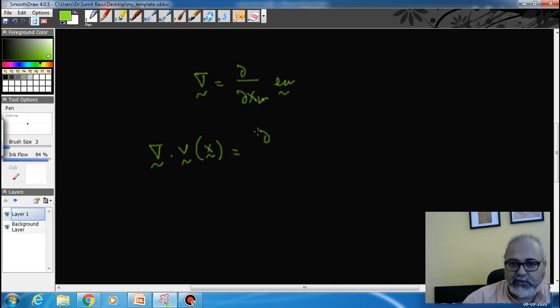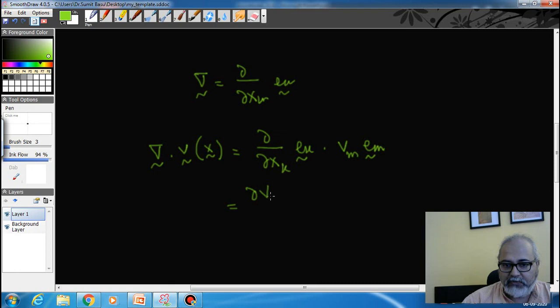So I can write the first one as del xk ek, the first vector, dotted with the second one, which is also a vector. So I write vm em, where remember v is a function of x. Again, this doesn't get affected by the operator, and vm gets affected by the operator. So we have del vm del xk, ek dot em is delta km, and the k knocks off in favor of m. So del vm del xm is what we get.